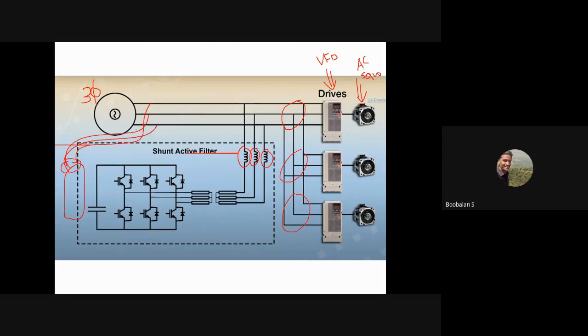Once that controller finds those harmonic levels, it generates a control signal. This control signal is applied to my switching devices. So based upon the harmonics in my load and in this power grid, in my applications, the controller automatically generates a control signal, and this control signal drives my switching devices over here.